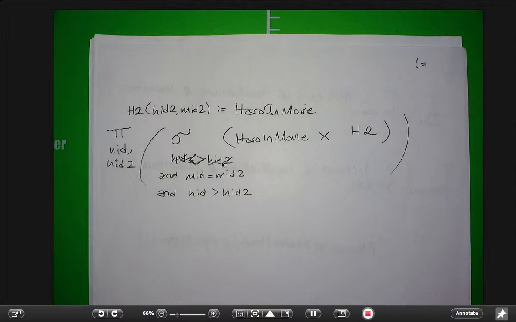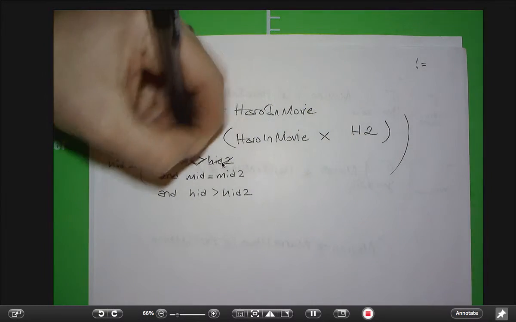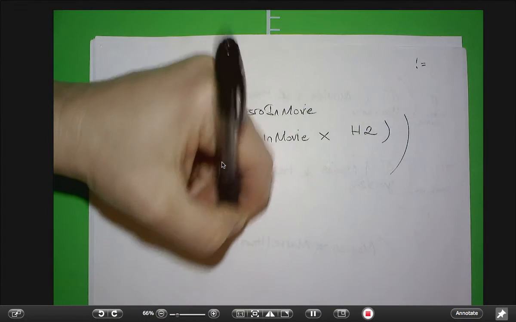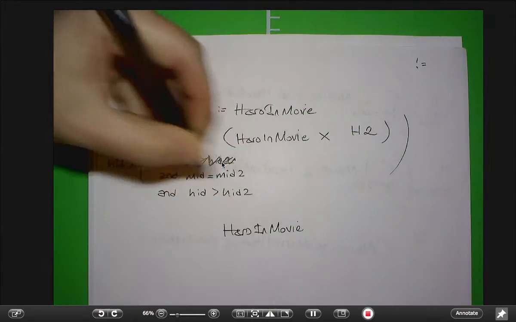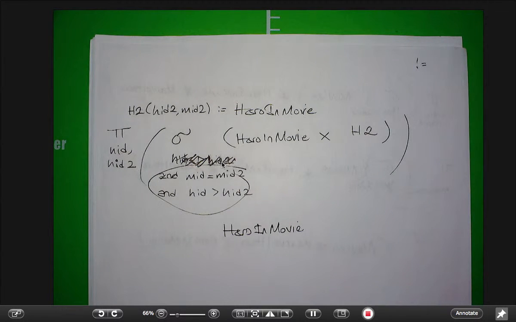So you can write the same exact query by just a join. It's the same exact deal. This is a join condition because it basically relates one attribute from one relation to the other.